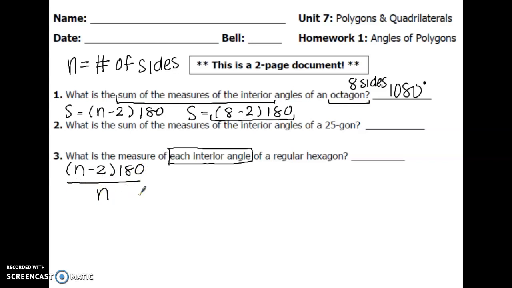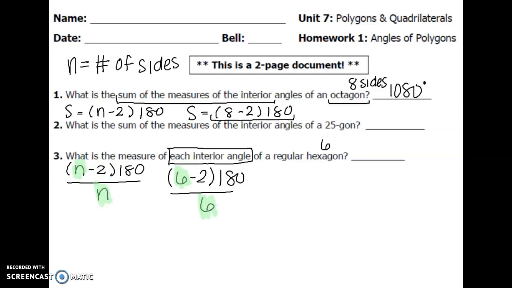So here it says hexagon, so I know that's 6 sides. So I would say (6 minus 2) multiplied by 180, and then I'll divide that again by 6. A lot of you had trouble when you were doing these because you had to use N twice. That's completely fine. Yes, you are using 6 twice here as well.